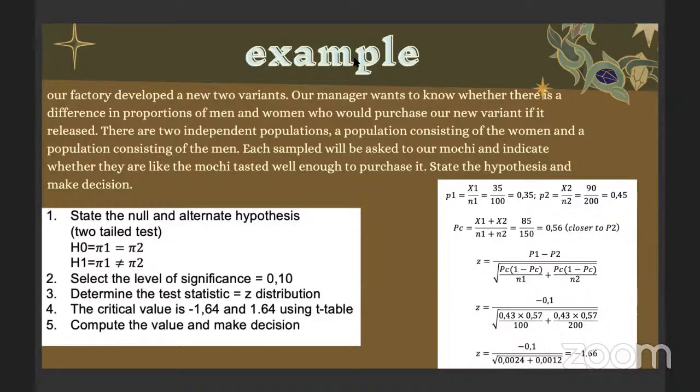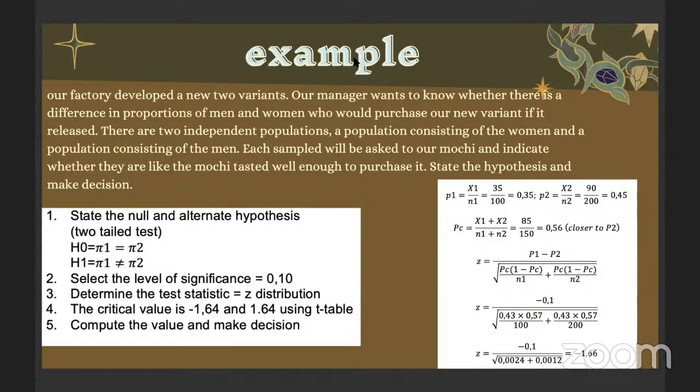First, we need to state the null, and as a reminder, it is a two-tail test. The null hypothesis is p1 equals p2, and the alternate hypothesis is p1 not equal to p2. The level of significance is 0.10.